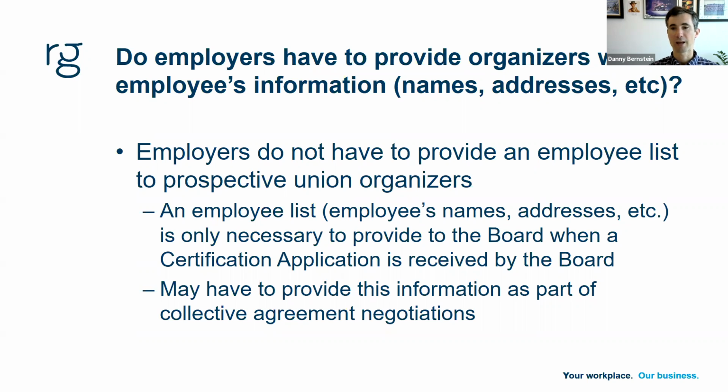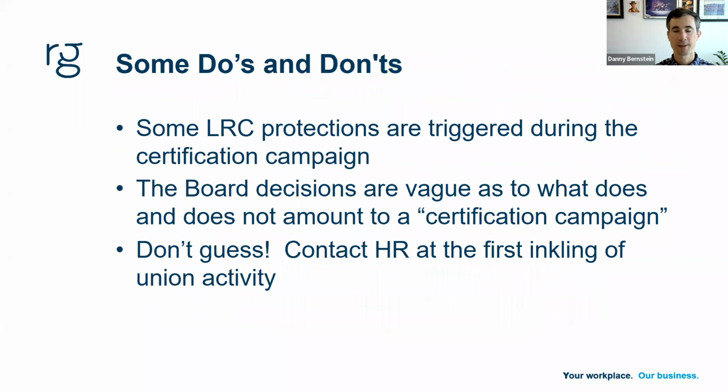So it's a good idea, I think, generally to always keep close tabs and limits on who can access payroll, scheduling, that kind of information. Once a certification application is filed with the board, then you have to provide that information if requested by the board.